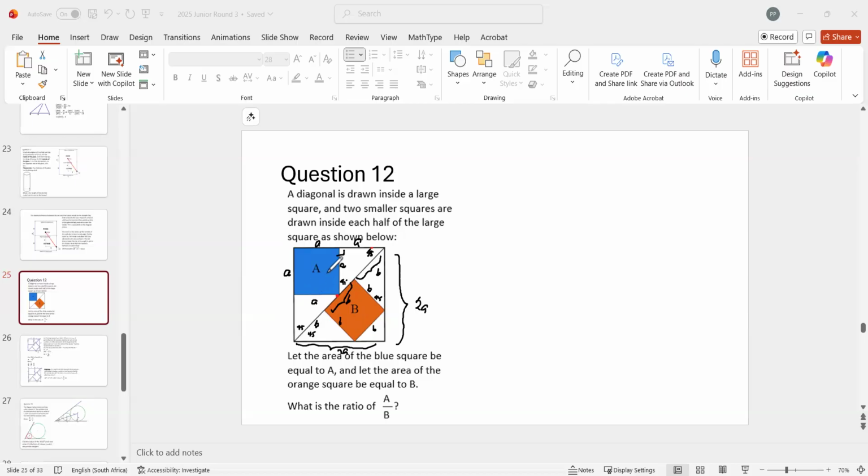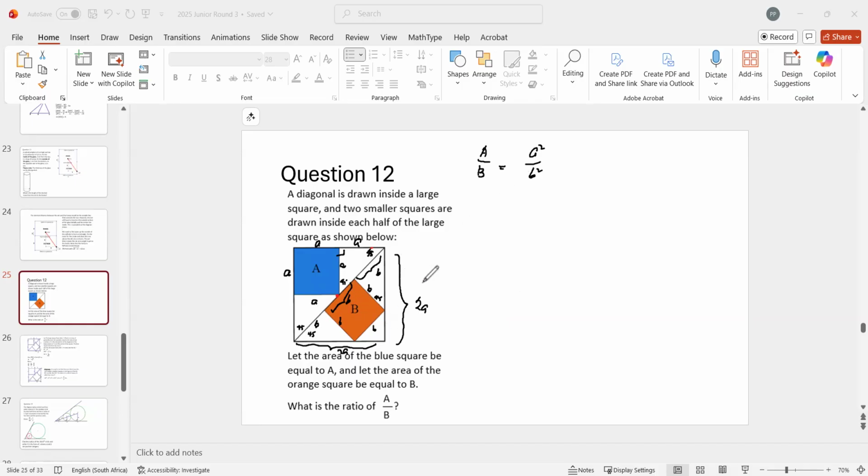So if small a is the side of square A and small b is the side of square B, then A, which is the area of the blue one, over B is a squared over b squared. So I need to calculate a squared over b squared. All right, so is there anything that links up a and b?